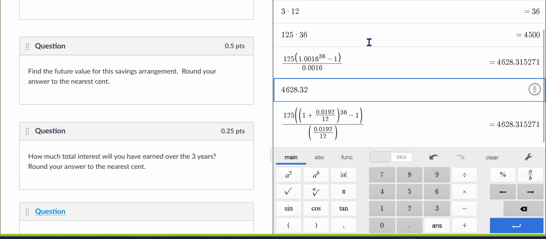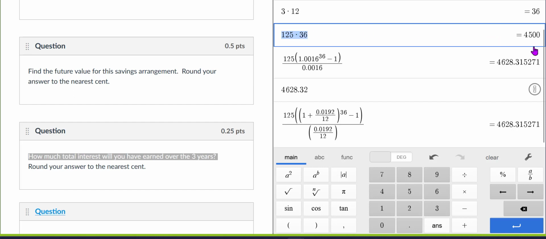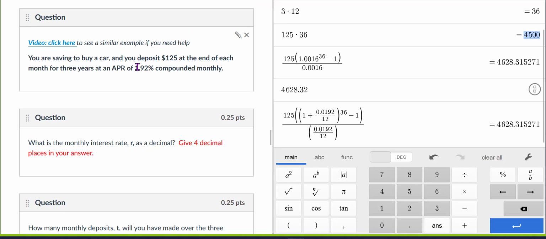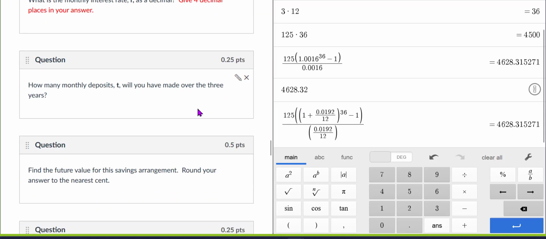So to this question, how much total interest will you have earned over the 3 years? It's a tiny bit tricky, because we do actually have to think about what we were talking about earlier, which is that if you just put the money in a piggy bank, you'd have $4,500 in there after 3 years, right? But with that tiny interest rate, and it's only for 3 years, so don't expect a whole lot of interest.